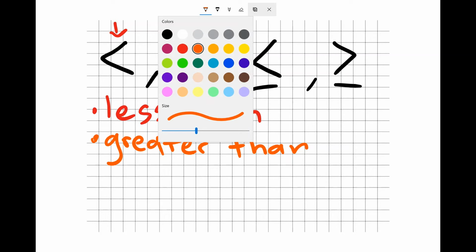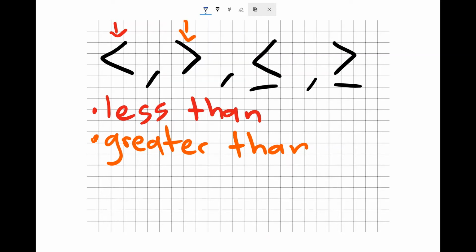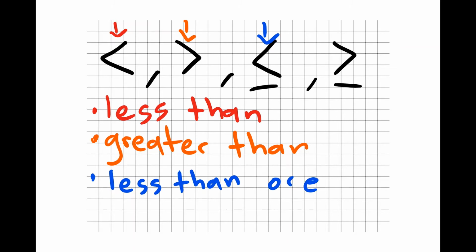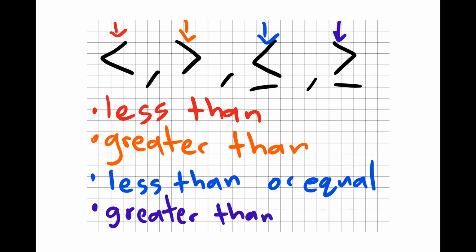And the next two might be a little tricky at first, but bear with me. This third one, less than or equal to. And the last one, greater than or equal to. So what exactly does that mean?